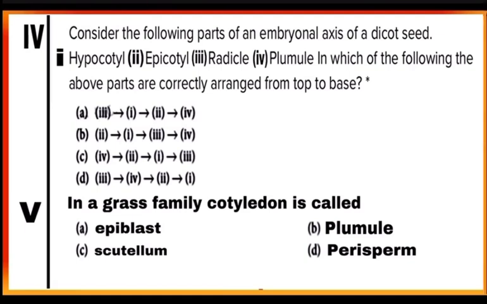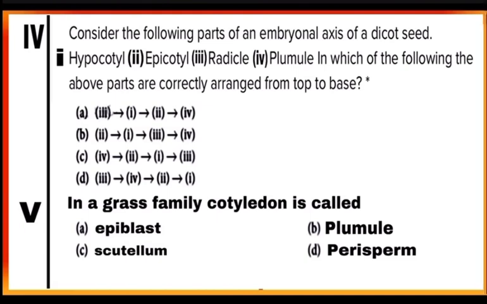Question number 4. Consider the following parts of an embryonal axis of a dicot seed: hypocotyle, epicotyle, radicle and plumule. In which of the following the above parts are correctly arranged from top to base?